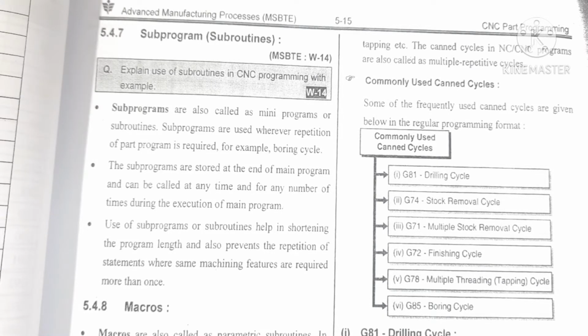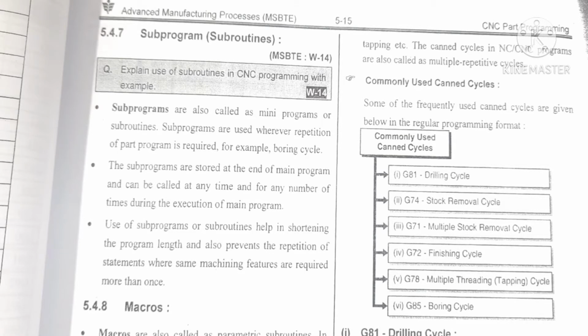Subprograms are used wherever repetition of a part program is required, for example, a boring cycle. The subprograms are stored at the end of the main program and can be called at any time and for any number of times during the execution of the main program.